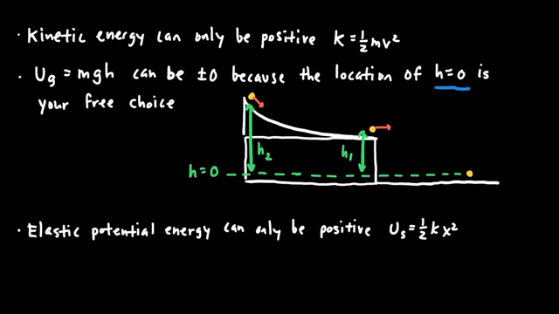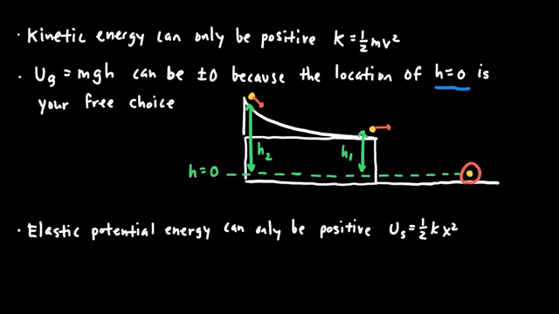So maybe we're working a problem where a ball is at the top of a ramp and it rolls down the ramp and then falls onto the ground. Well, if the ball eventually makes its way to the ground, then that is the lowest position that the ball will ever have, and for that reason maybe we define h to be equal to 0 at the ground. And then when it's at the bottom of the ramp at a height h1, or at the top of the ramp at a height h2, it will always have positive amounts of gravitational potential energy, and that makes some sense.